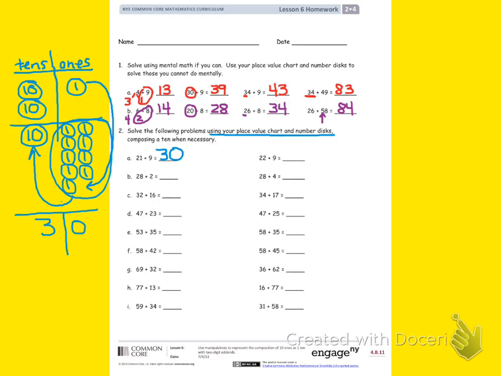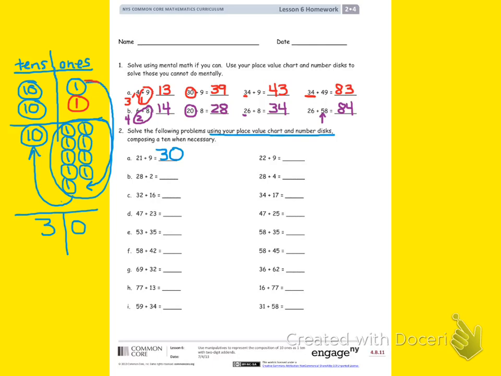Looking at the next half of it, it says 22 plus 9. Okay, well, if I use a different color, I can show you 22. I can use the original 21 that I drew, and here's my 22nd.